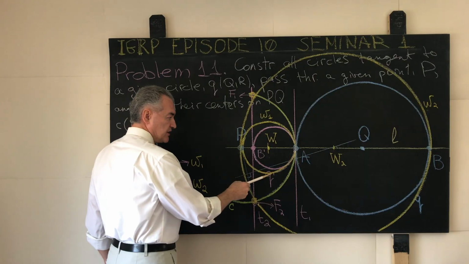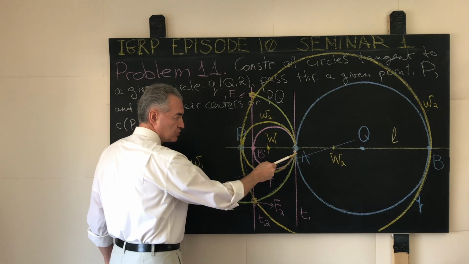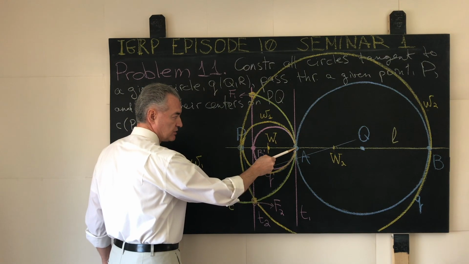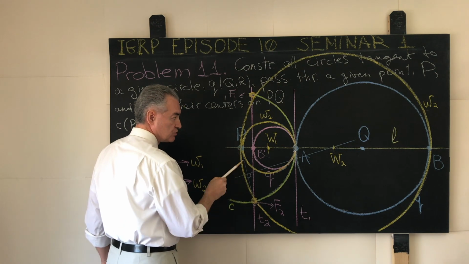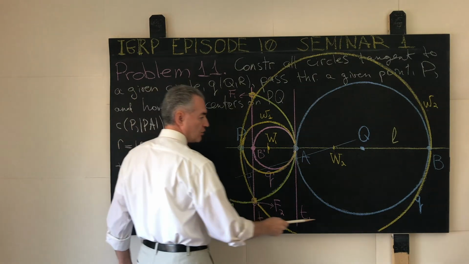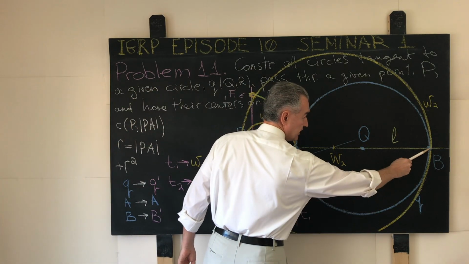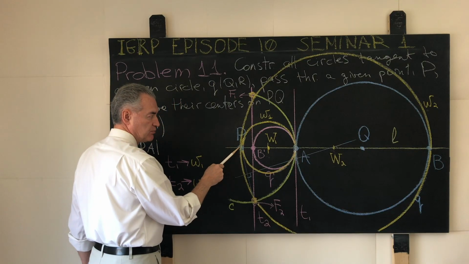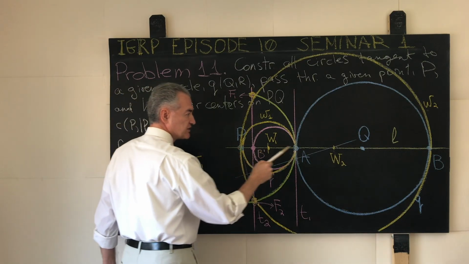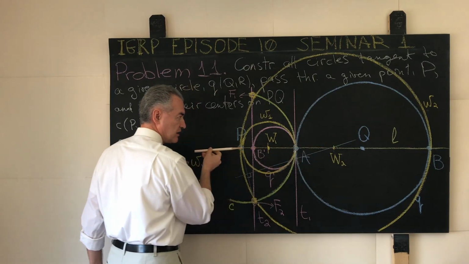The first circle is tangent to our circle Q externally at the point A, and it passes through the point B. And the second circle W2 is tangent to our given circle Q internally at the point B. It also passes through the point P, and both of the circles have their centers precisely on the straight line PQ.